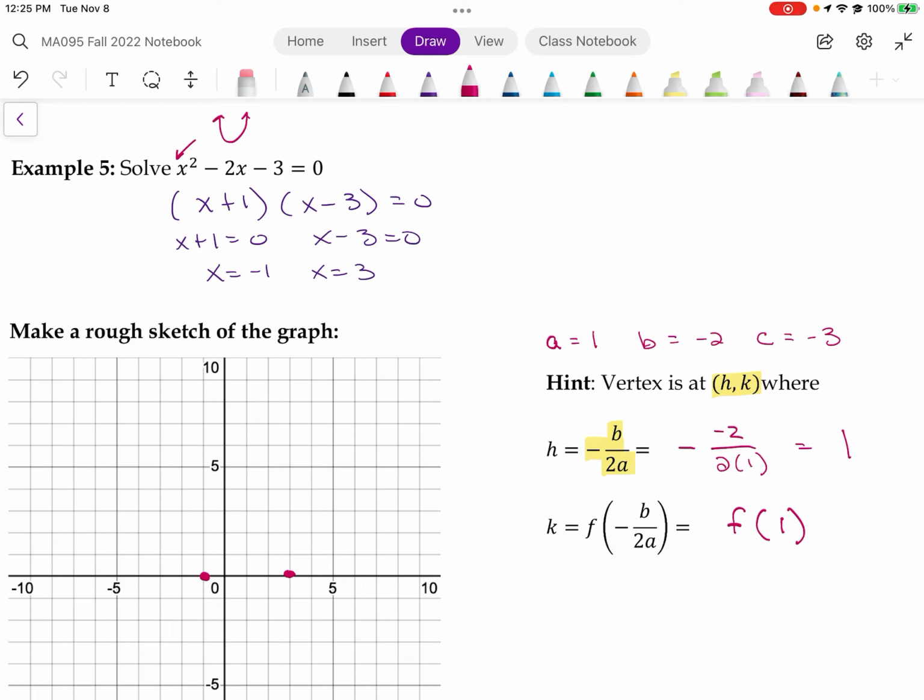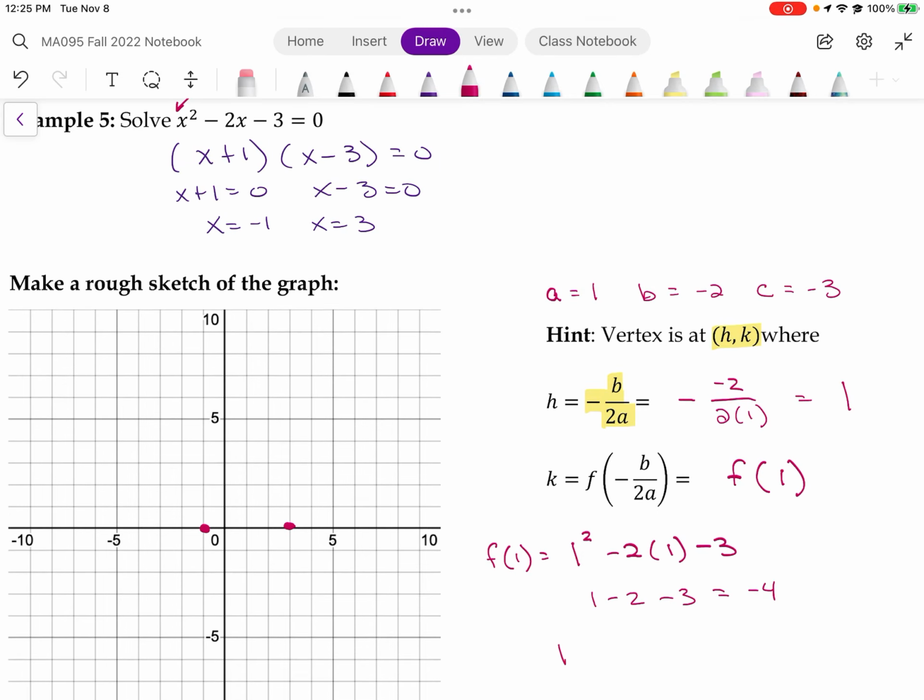So I'll say 1 squared minus 2 times 1 minus 3 equals what? So we're finding f of 1. All right, so we've got 1 minus 2 minus 3, and that gives me negative 4. So my vertex is at (h, k), which we just found to be (1, negative 4).